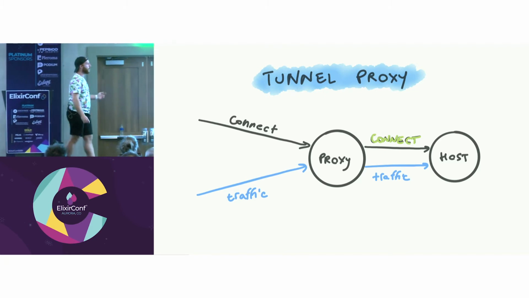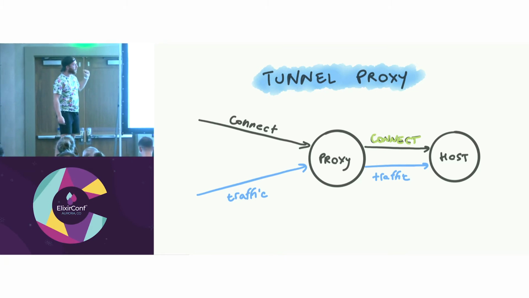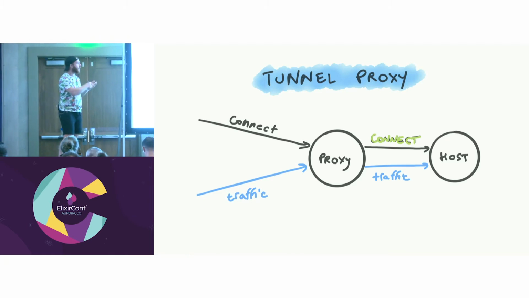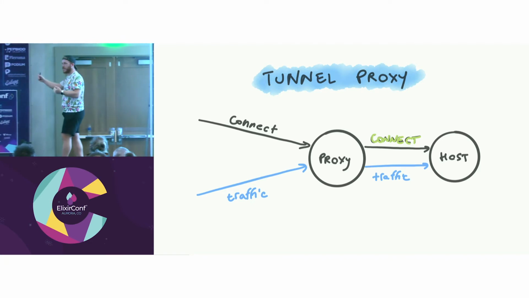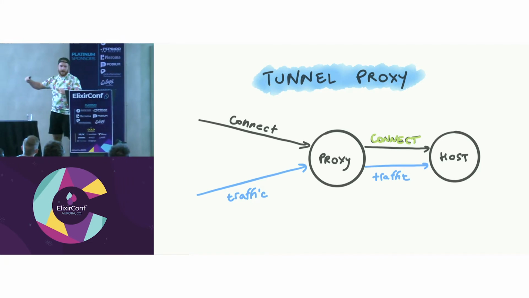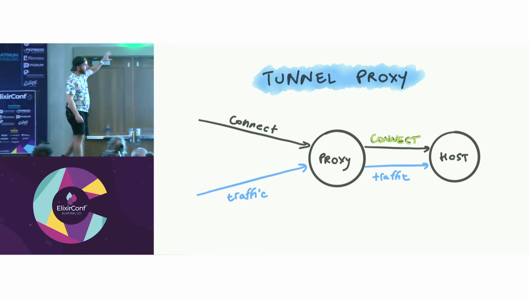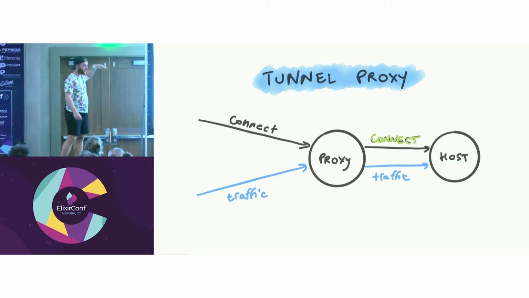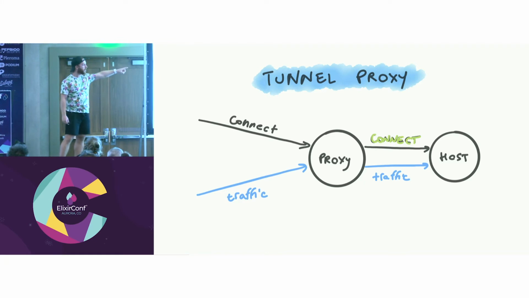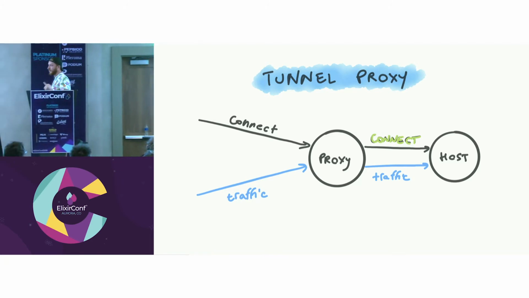And tunnel proxying works in a way where you connect to the proxy, and then the proxy connects to the host, and then the proxy basically forwards all the traffic that you send to the proxy to the host. And the connection between your client and the host is secure, is SSL, so you can even connect to the proxy via HTTP this way instead of via HTTPS, because the traffic is all encrypted.